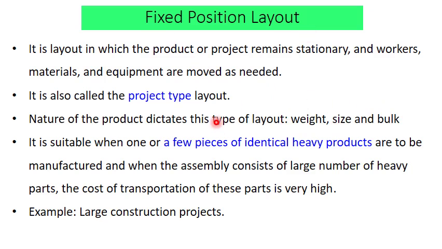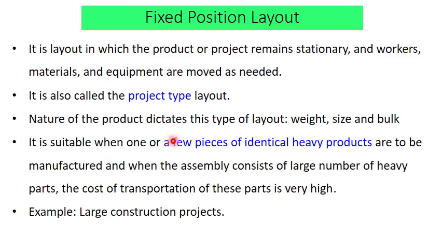Ships, dams, or different types of bridges are built with fixed position layout, because their weight is high and the size is also very big and it is bulky, so it's not possible to move those products. So we require moving workers, materials, and equipment in order to build a dam, a bridge, or a ship.